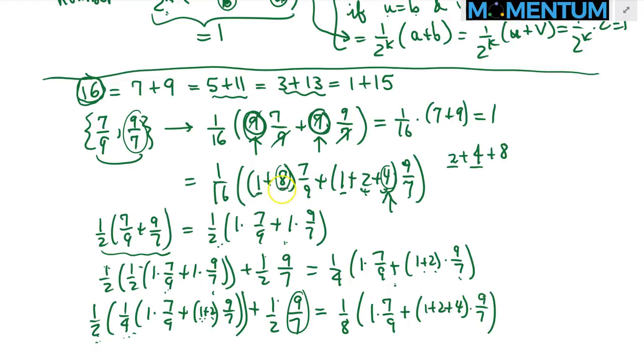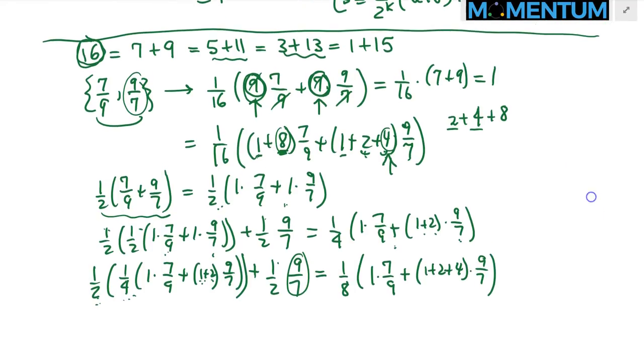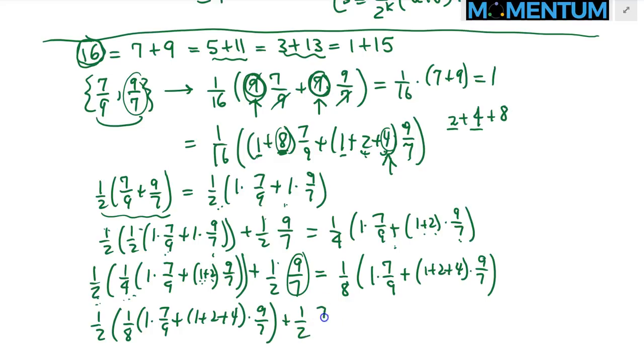And finally, now it's time to mix with 7 over 9. Okay, so let's do it yet one more time. 1 over 8 times 1 times 7 over 9 plus, okay, so these numbers are messy, 9 over 7 plus 1/2. We decided to mix it with 7 over 9 this time.